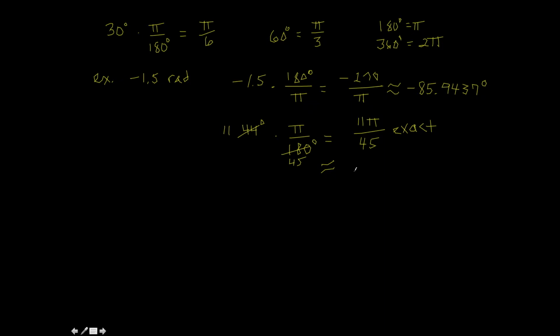So if we were rounding to 4 decimal places, this would be 0.7679 radians. And remember that if you leave the RAD off, it still is radians. The only time it will be degrees is if you see the degree symbol.